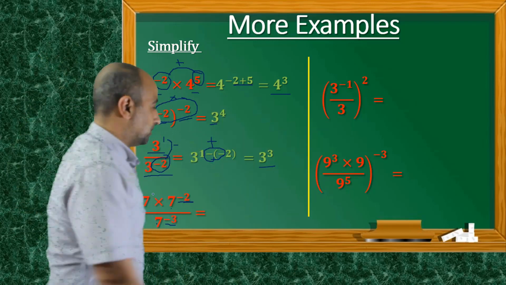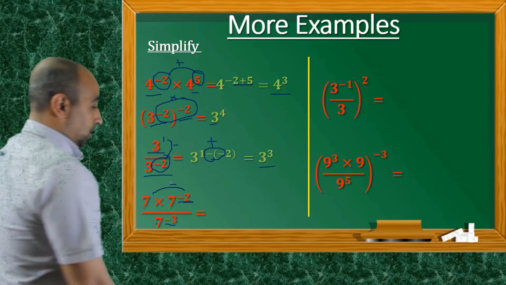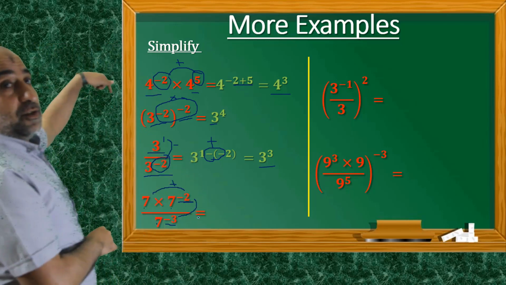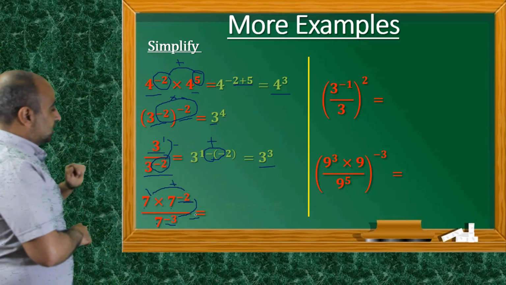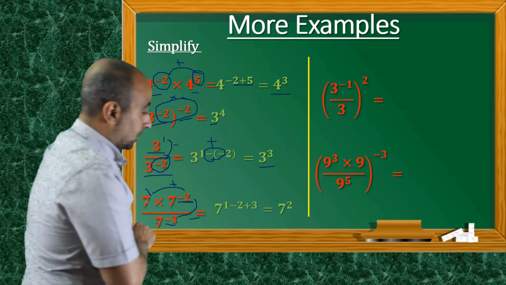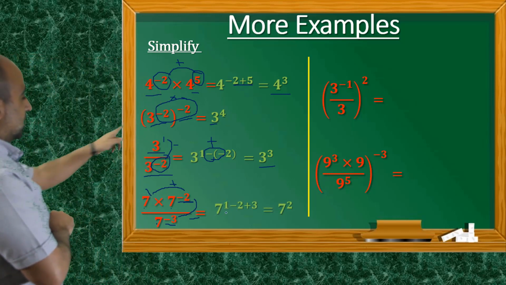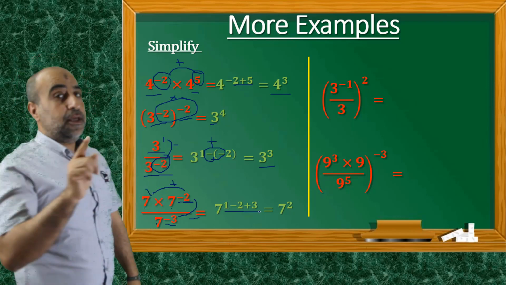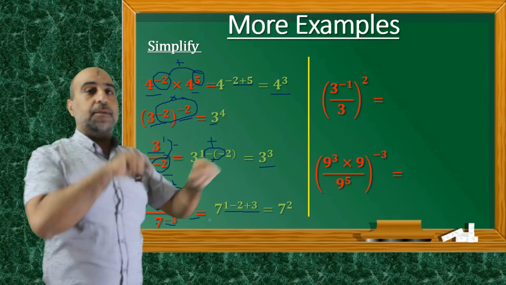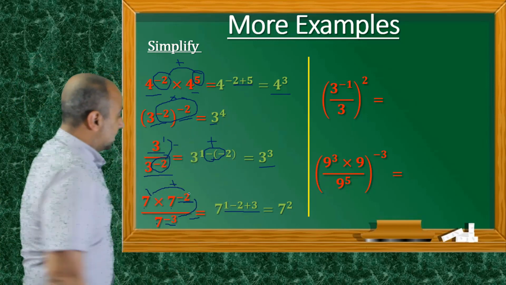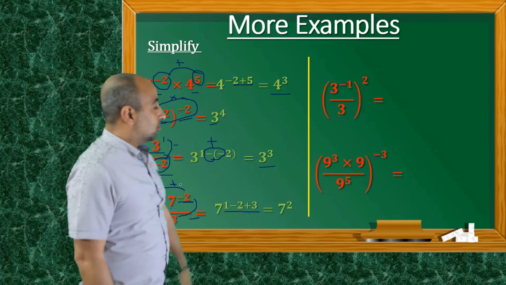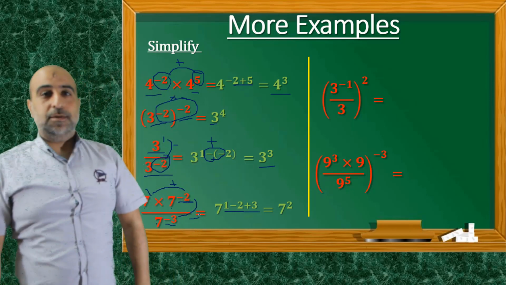Just like 7 to the power of 1, which is not written in the first term, which is 7, and minus 2, which is negative 2, plus 3, because it's minus negative 3. Minus negative 3 is plus 3, so it will be 7 to the power of 2.